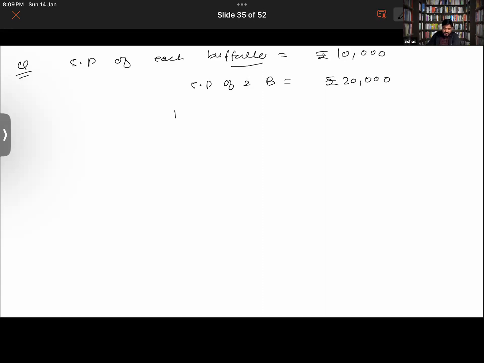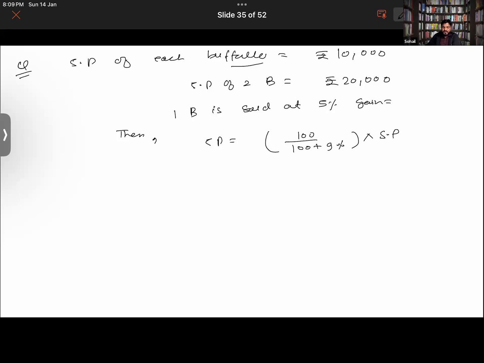Further it says one buffalo is sold at 5% gain. Can we find the cost price when we have the selling price and we know the gain percent? We can clearly use this formula: cost price equals 100 upon 100 plus gain percent times selling price.